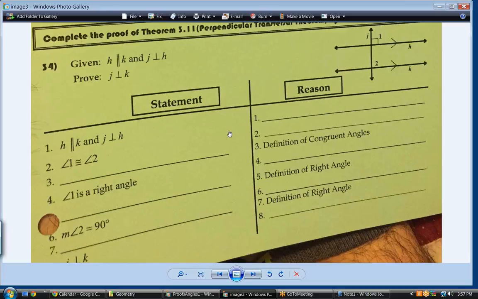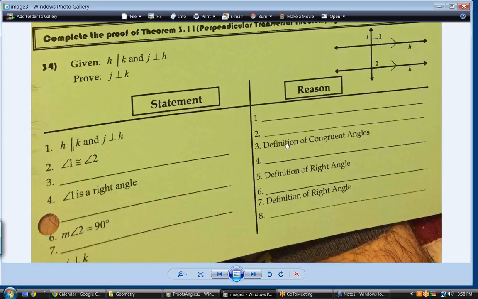Or congruent, excuse me. You see why 1 and 2 are corresponding? Because they're on the same side of the transversal. Yeah. And they occupy the same position. That's in the upper right of that intersection. That's in the upper right of that intersection. So we know that they're congruent. So that's the reason for number 2.